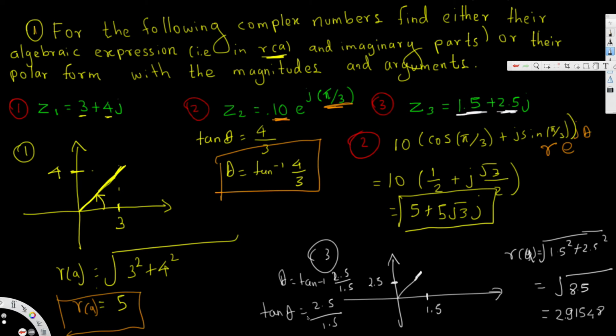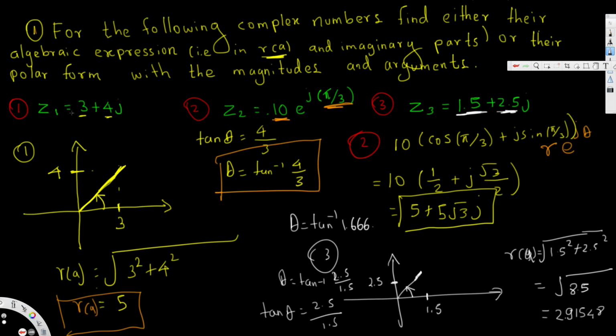Hey Siri, tan inverse of 1.66. Okay, check it out. Siri says tan inverse, so I leave it to you. Theta is equal to tan inverse 1.666, and whatever angle you calculate is going to be the angle from here to here. That's how we do that.